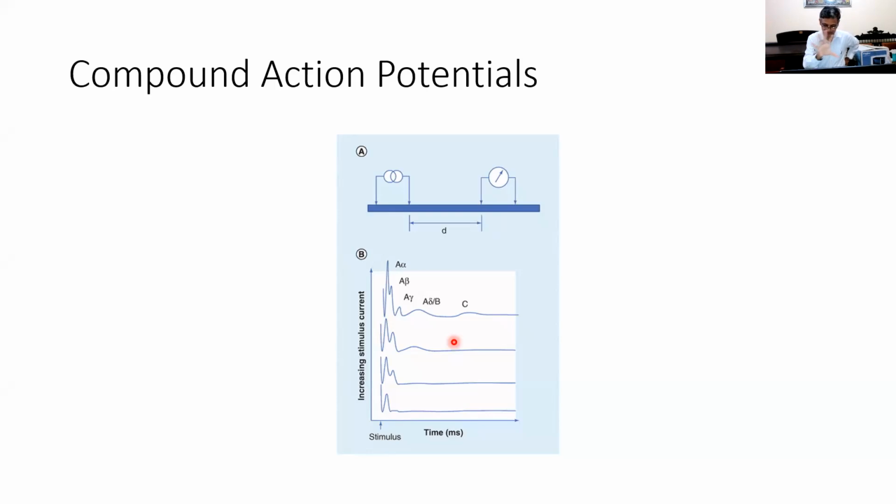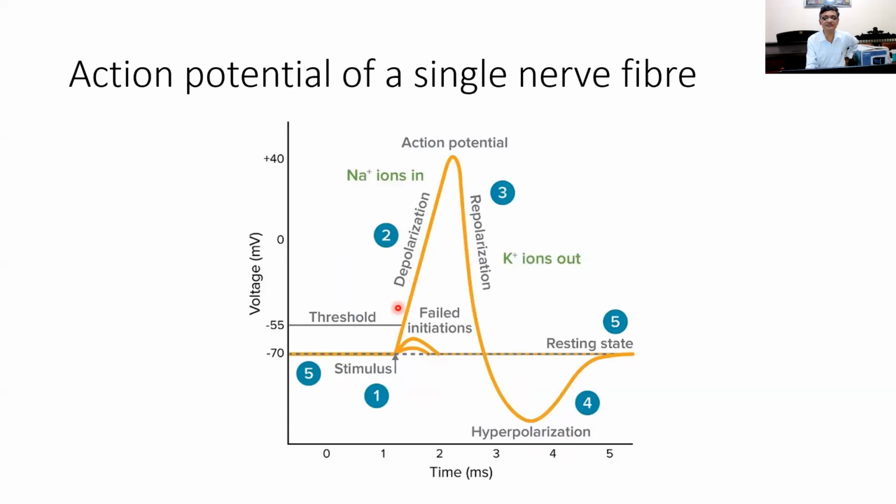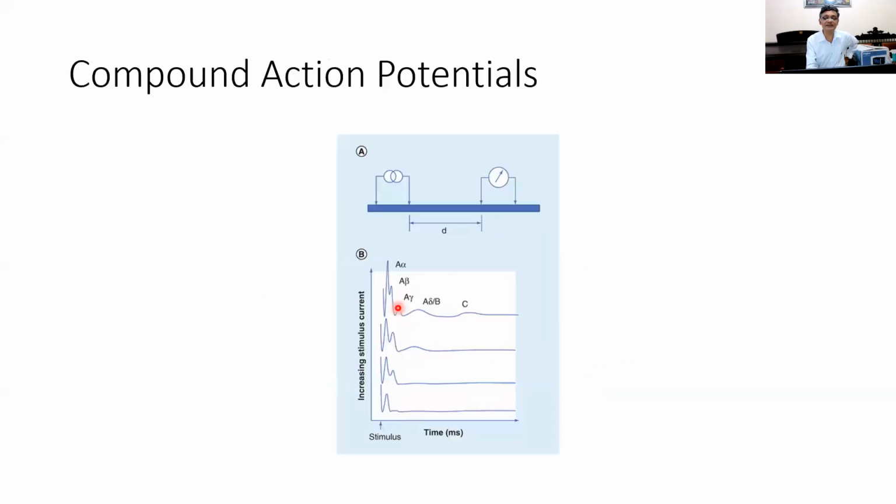We are concentrating only on this one, and this type of action potential is slightly different from what we saw previously. That was a single-cell intracellular recording. This one is multi-cell: stimulation of several nerve fibers at the same time gives rise to this type of action potential. This is what is called a compound action potential.